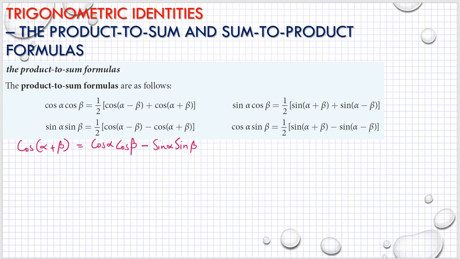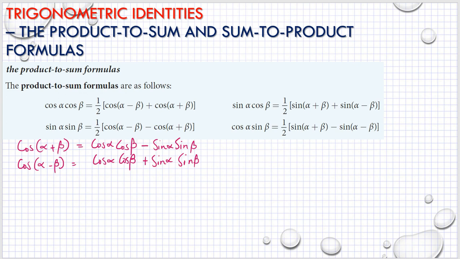And then we have cosine alpha minus beta is equal to cosine alpha, cosine beta plus sine alpha, sine beta.